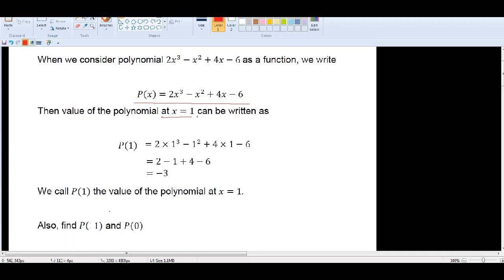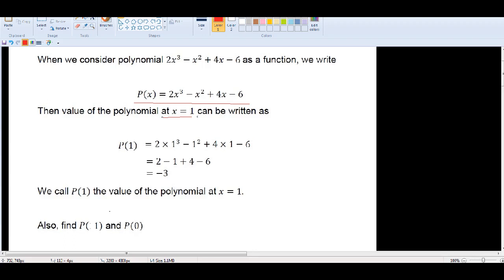Then on the right hand side, you do the same thing by replacing that x by 1. And then you just proceed with the calculation and you will get the answer. So if we have p(1) equals minus 3, then we call p(1) the value of the polynomial at x equals 1.